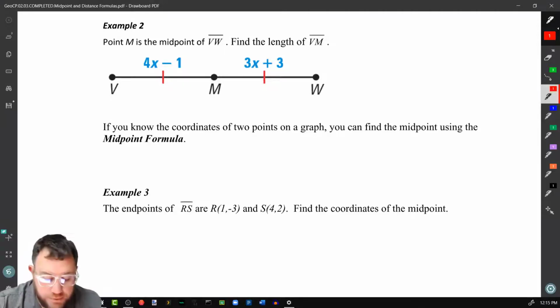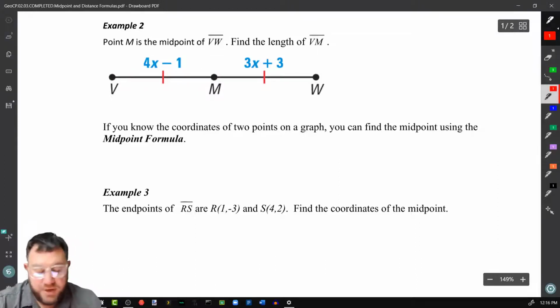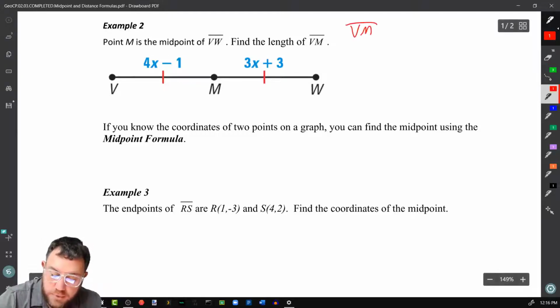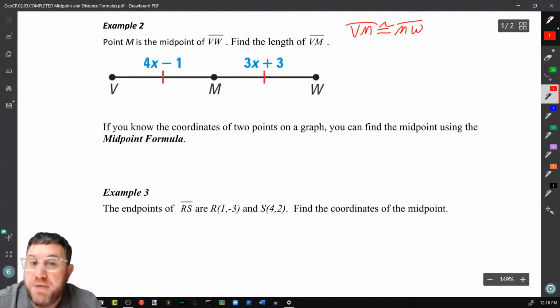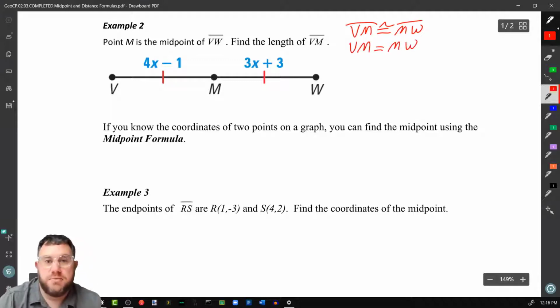Alright, example 2. Point M is the midpoint of segment VW. Find the length of VM. So we're trying to find the length of that piece alone. Now, we know M is the midpoint, so we know VM is congruent to MW, because that's what a midpoint tells us. So we know that the length of VM equals the length of MW.